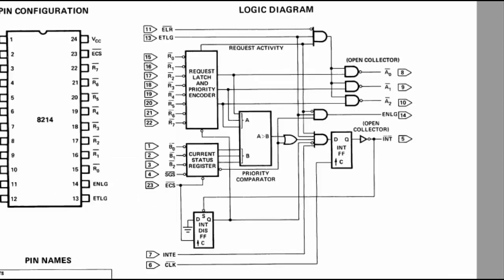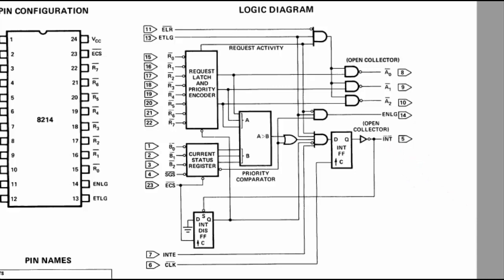Now there was one chip, the 8214, that uses this interrupt enabled input. As you can see on the logic diagram for the 8214, here's the interrupt enabled input, and that's simply gated to the D input of the final flip-flop. Then that comes out as the interrupt signal that would generally connect to the 8080.